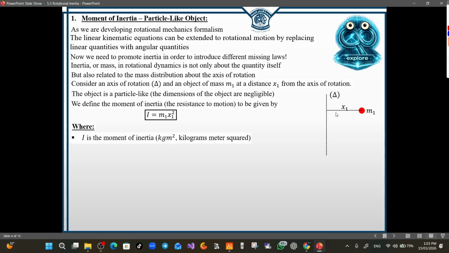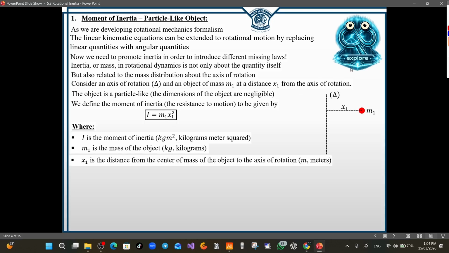Now I is known as the moment of inertia, and it has a unit of kilogram meter squared. Because the mass is in kilograms and x is in meters, but since we have squared, it should be written as meter squared. As a result, I is measured in kilogram meter squared. m1 is the mass of the object in kilograms, and x1 is the distance from the center of mass of the object to the axis of rotation in meters.